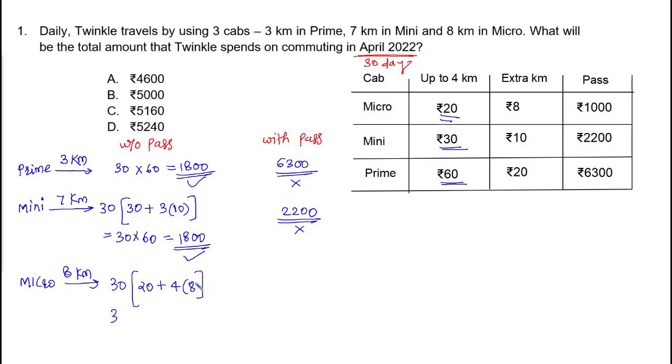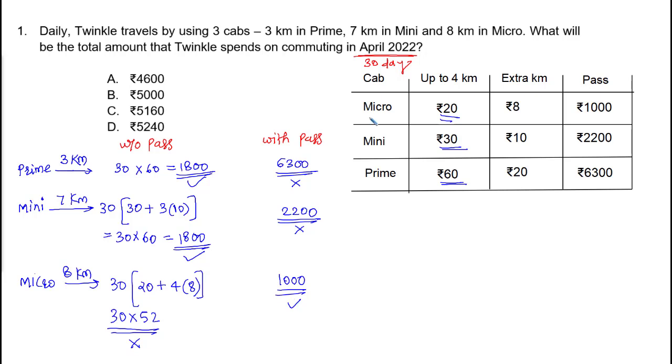So the total cost is going to be how much? 30 into 20 plus 32 is equal to how much? 52. So 52 into 30, and with pass the expenditure is going to be only 1000 rupees. So this multiplication is more than 1000 rupees. Okay, so she will opt for the pass to travel by using the micro cab.